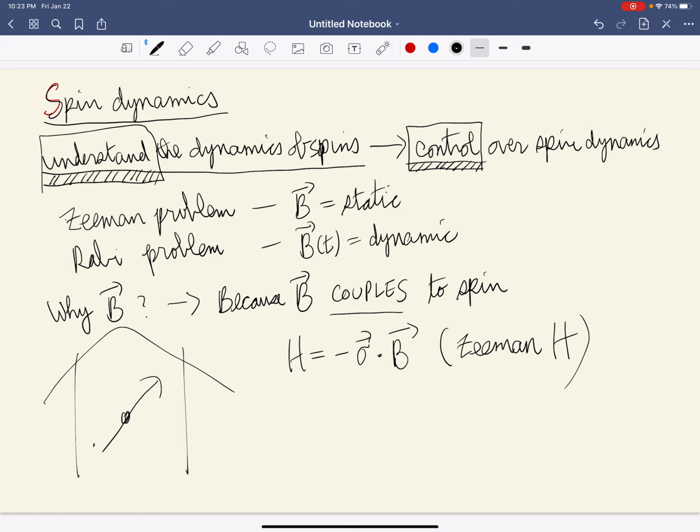And for his accomplishment, he was given the Nobel Prize in 1902. So a remarkable fact is that the first person ever to win the Nobel Prize in physics was Röntgen, who discovered the X-ray, and the second person ever to win the Nobel Prize is actually this person, Zeeman. So he's a quite important figure in the history of physics.